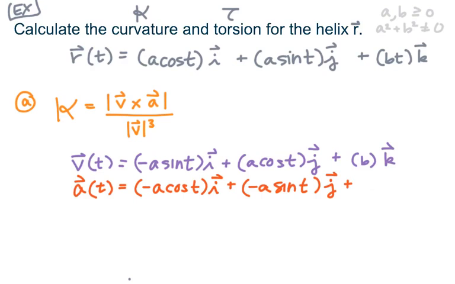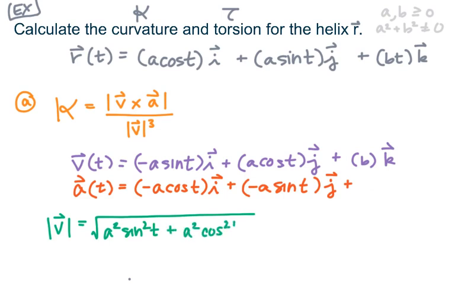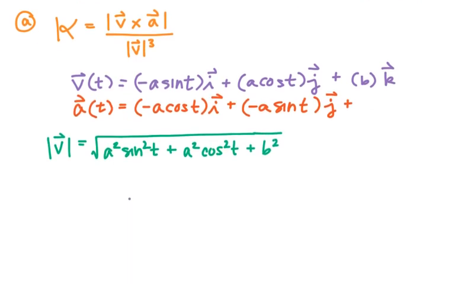The magnitude of v is the square root of a squared sine squared t, that component squared, plus a squared cosine squared t plus b squared. If I factor out a squared times sine squared plus cosine squared t for these first two terms, sine squared plus cosine squared is 1 by the Pythagorean identity.